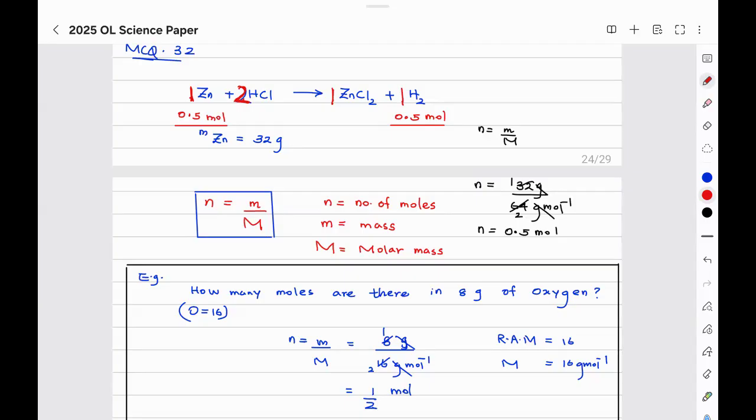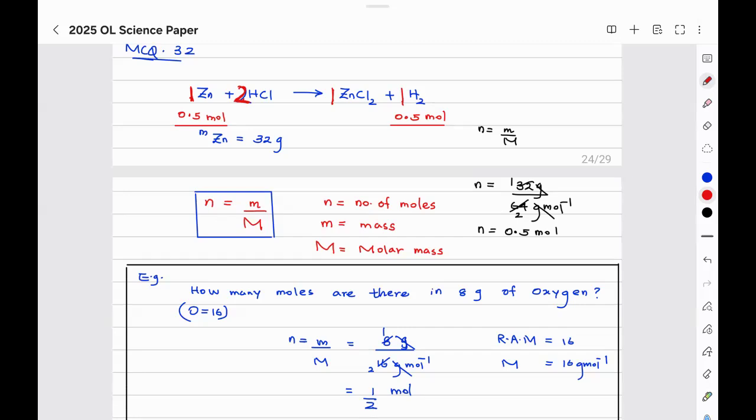If you have any doubts, put your doubts in the chat box. What are the doubts? Didn't understand. Okay, right. Now, we calculated the number of moles of zinc.